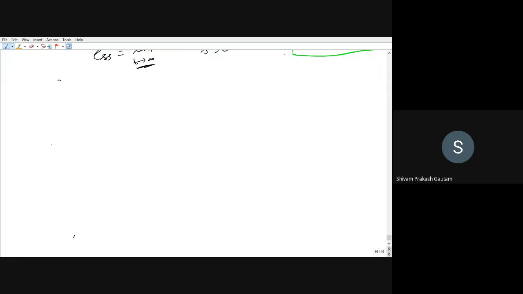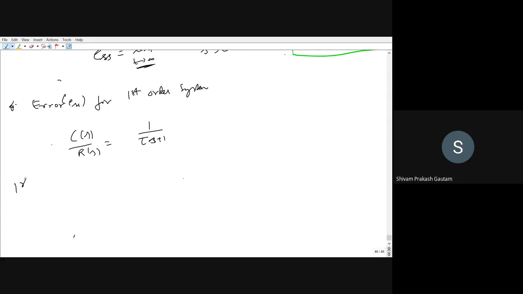First we will calculate the error, that is ESS, for a first order system. We have calculated C(s) upon R(s) for the first order system. It is 1 upon tau s plus 1. This is our closed loop transfer function.